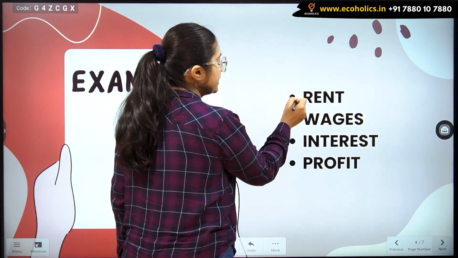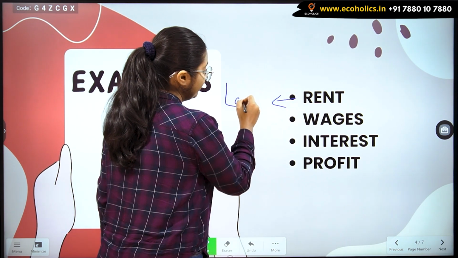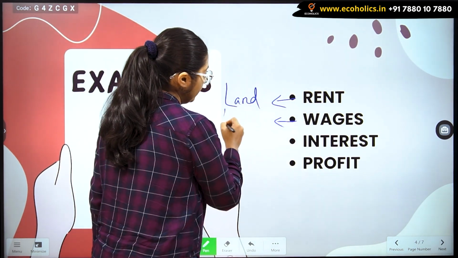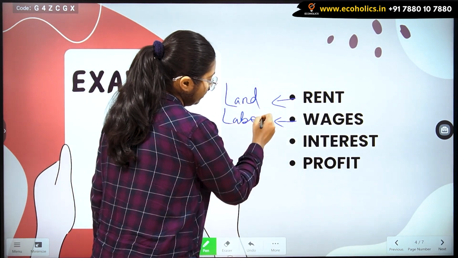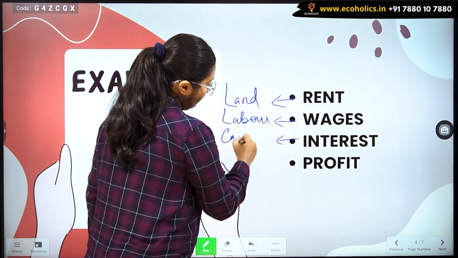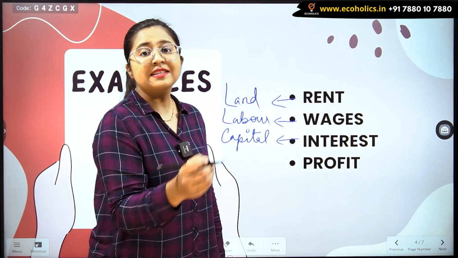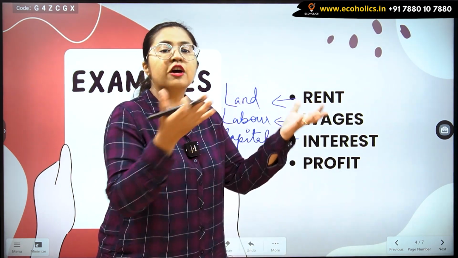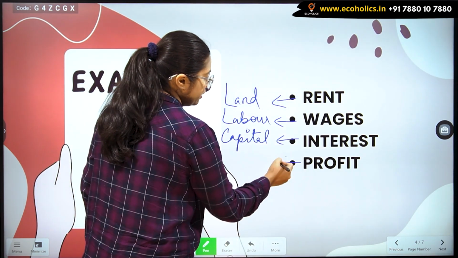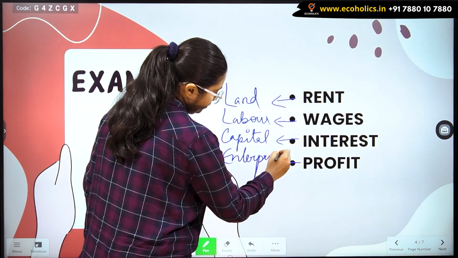Rent is received from land, wages are received from labor, interest is received from capital, and profit is received from the construction or formation of an enterprise or business. So, enterprise.